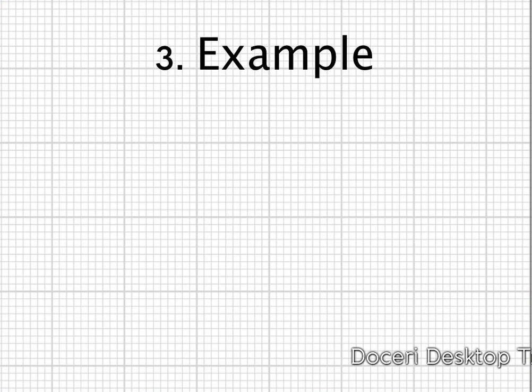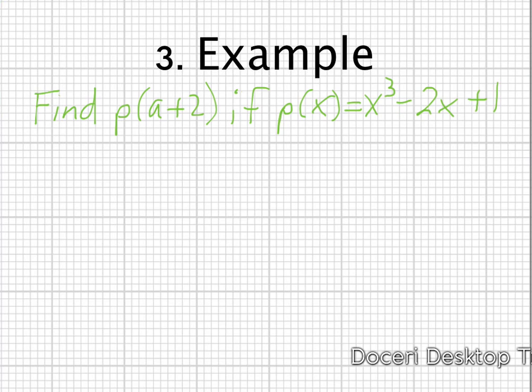So let's look back to polynomials. And let's take a look at how I can use them. So my first problem I'm going to talk about is I want to find p of a plus 2 if p of x equals x cubed minus 2x plus 1.